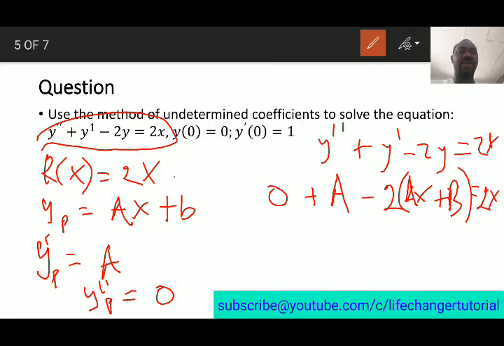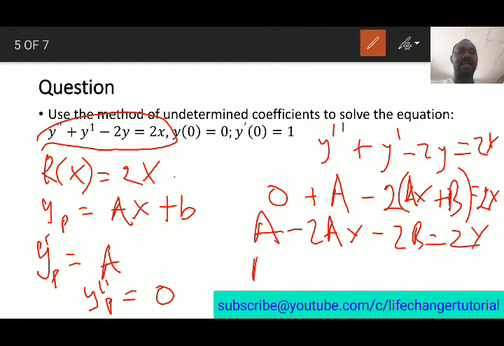So if we open up the bracket, we are going to get a minus 2ax minus 2b equal to 2x. Collecting like terms, we have a minus 2b, minus 2ax equal to 2x.